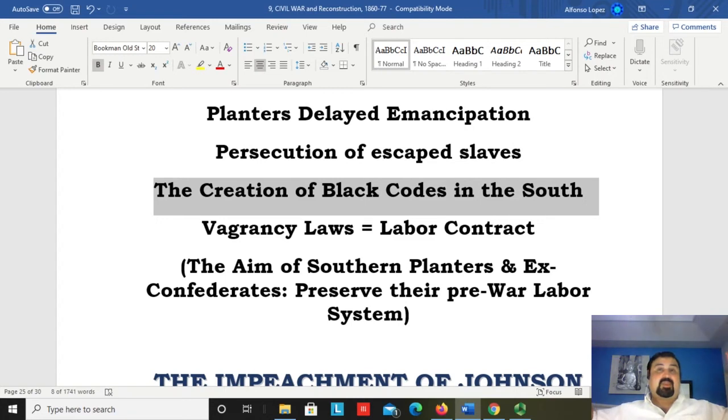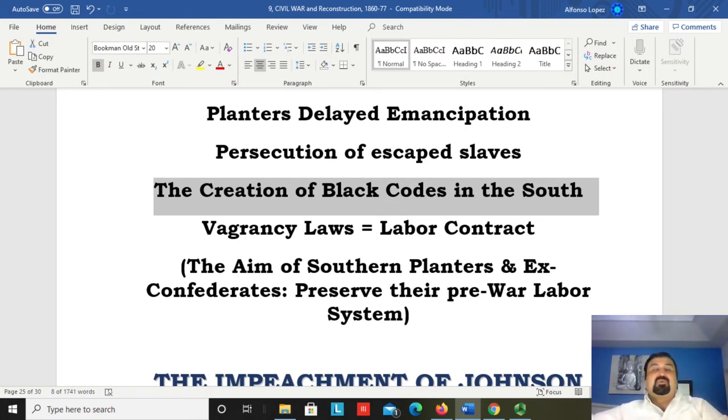So they're now free and they're walking around in the countryside, moving from one town to another. And so Southern planters wanted to bring their former slaves back into the plantation, but not as slaves anymore, because they understand that system has to change. But they want to preserve it, perhaps under a new guise.